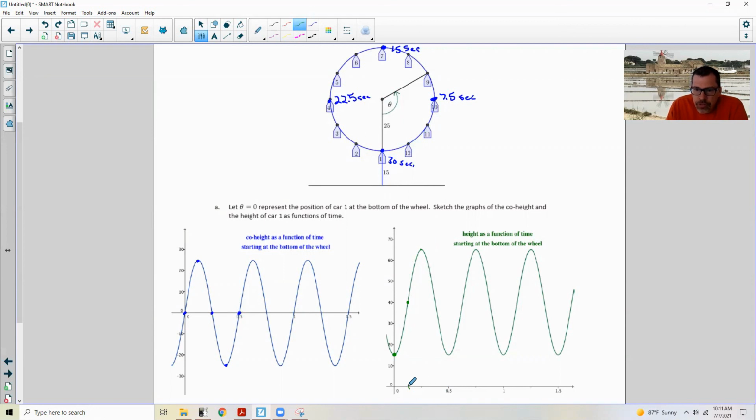Actually, not a quarter of a minute, an eighth of a minute, or a quarter of a rotation, 7.5 seconds, we're at 40 feet. Okay.